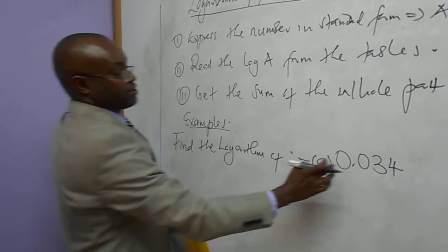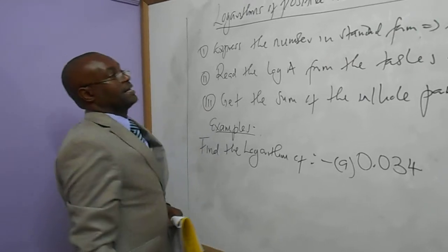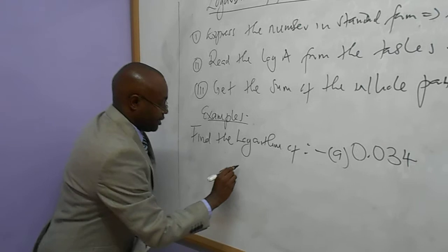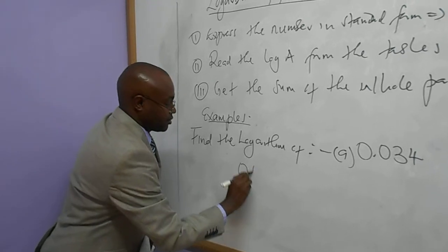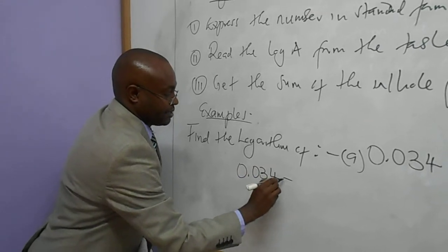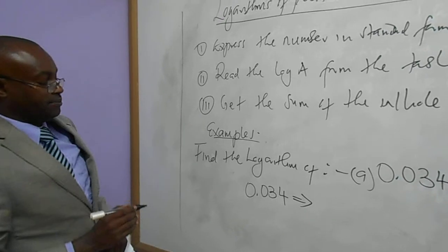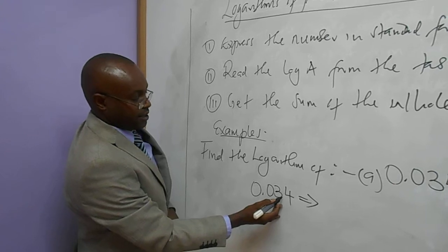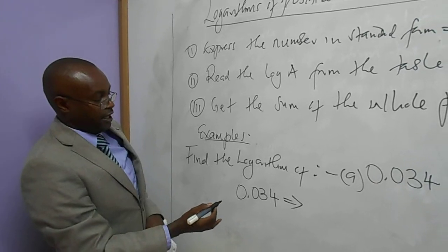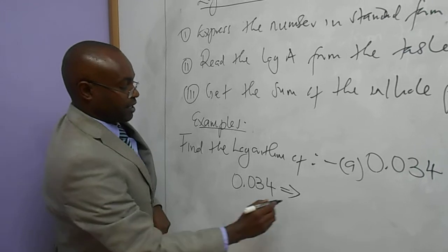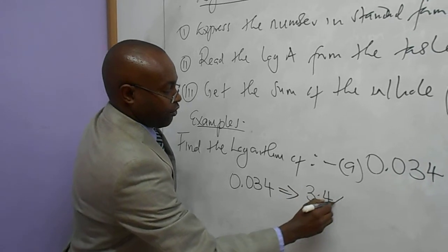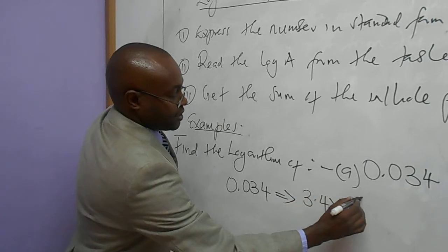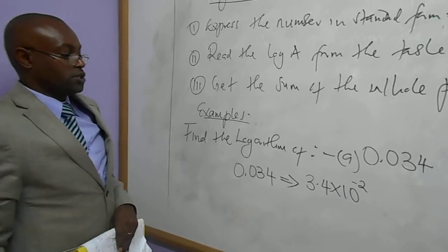You can see that the number 0.034 is less than 1. In standard form, the decimal moves 2 steps to the right so that it comes between 3 and 4. So this will be 3.4 times 10, and now that it has moved twice, you say negative 2.